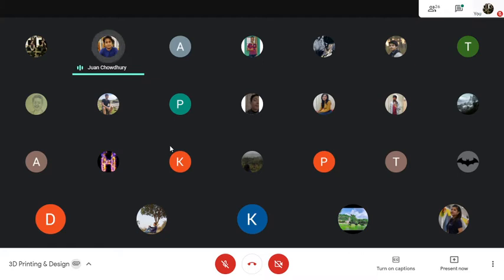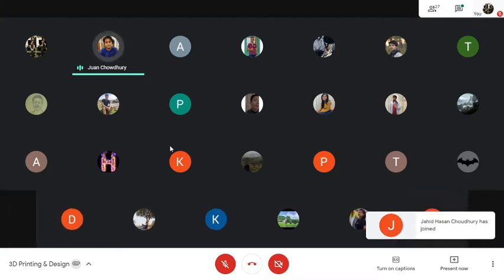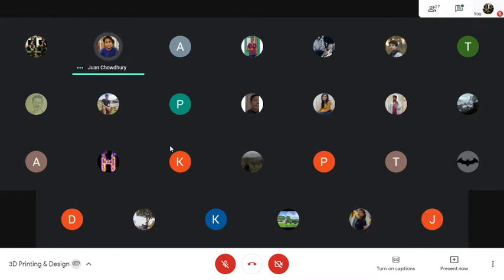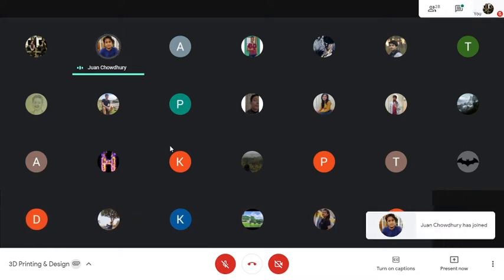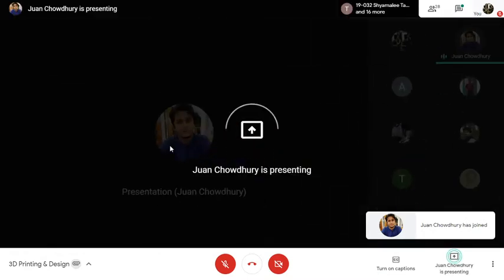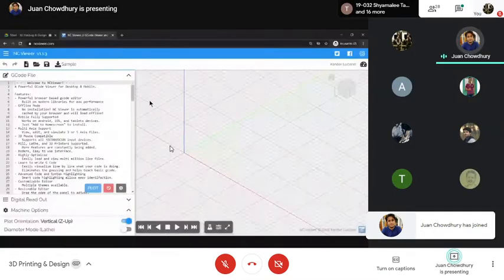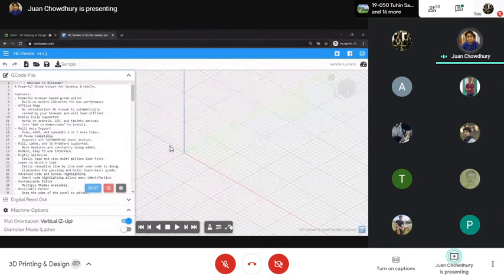It's a G code and M code simulator that tells you exactly which path the extruder will follow. This is ncviewer.com, free of cost and open source.